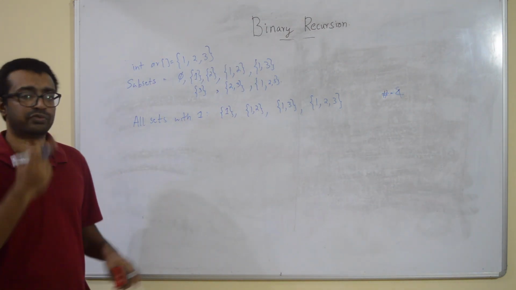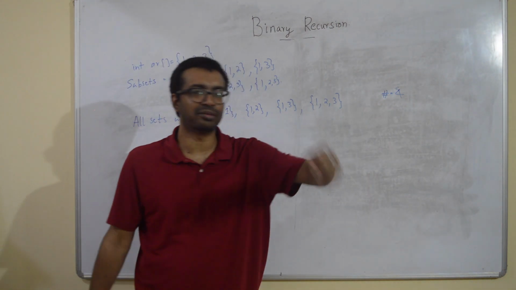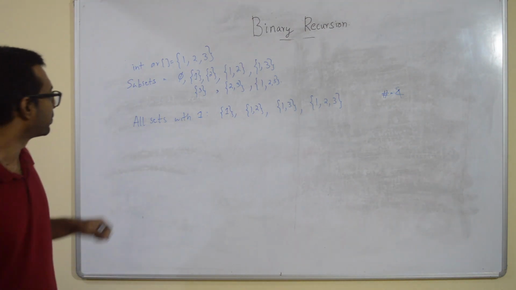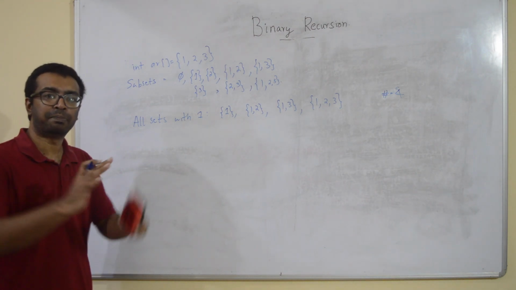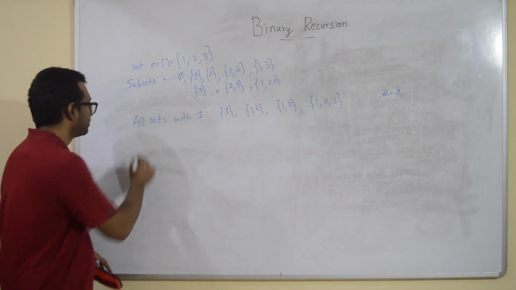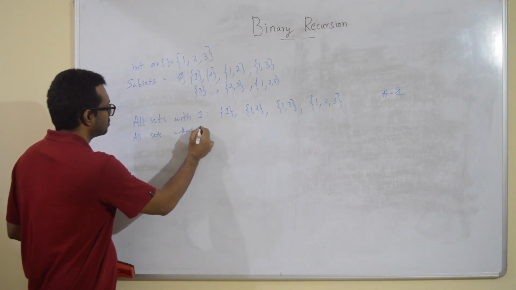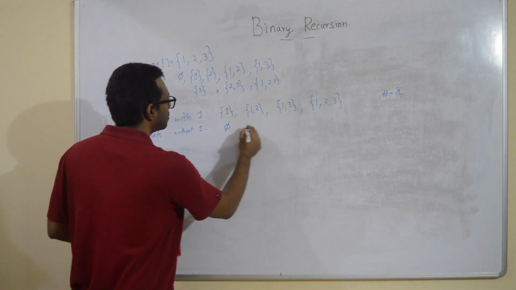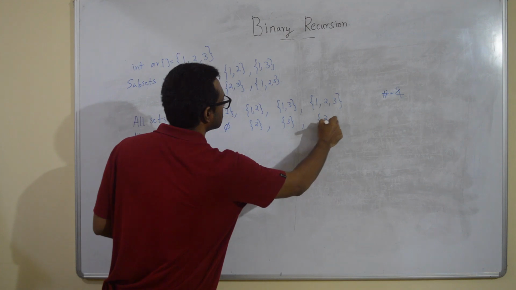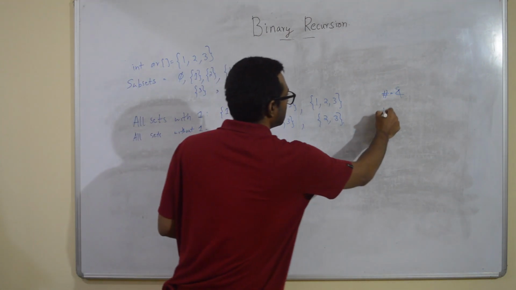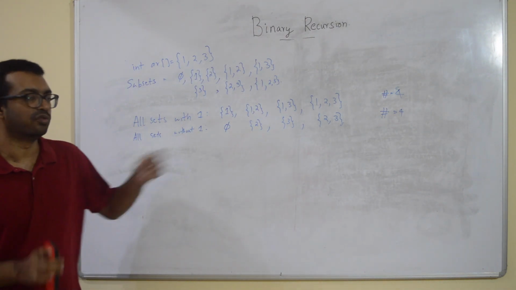Okay, the number is equal to 4. That's a notation. It's not about C or something. Sometimes count is represented using hash. So the number of subsets is 4. Next part is all sets without 1. Again, the number of subsets is 4.